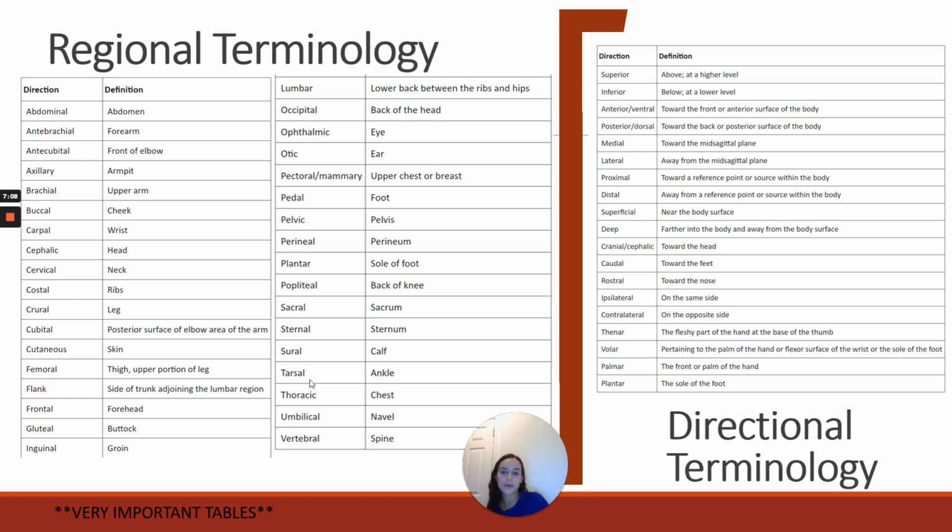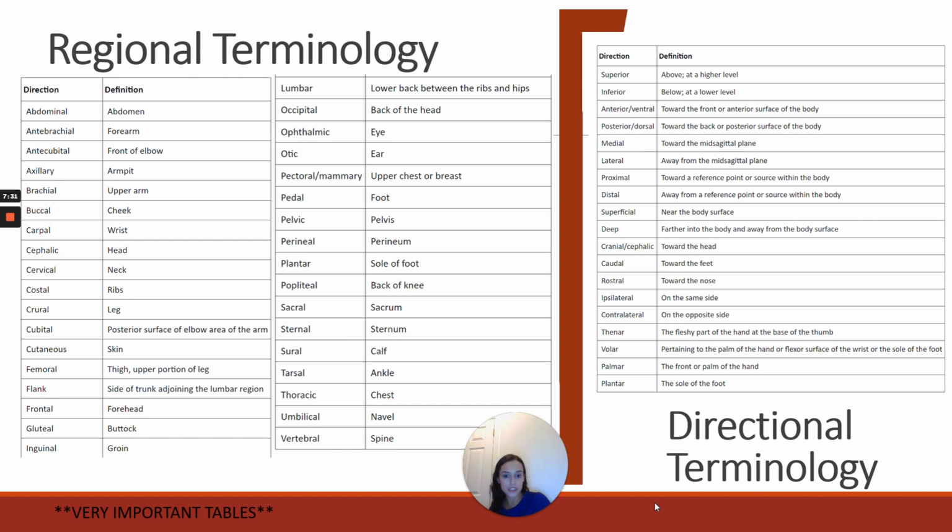You don't need to memorize this table for the first time in your life, because a lot of these are very familiar. Like pedal. If we're talking about pedal, we're talking about the foot. But I know you guys have seen pedals on bikes before, so that's an easy one, right? Sacral pertains to the sacrum, sternal to the sternum. These are very closely related to those other words.